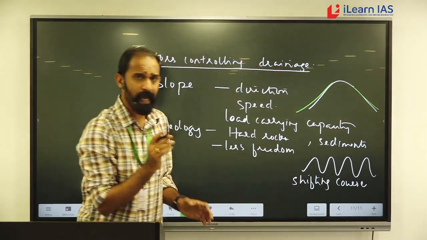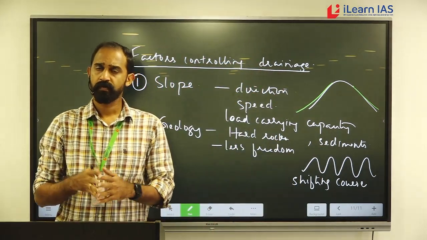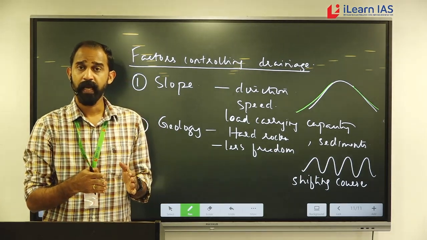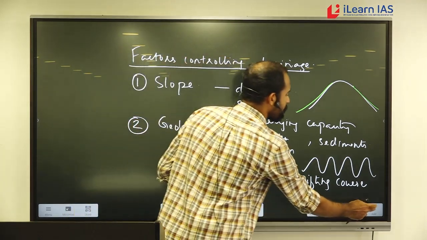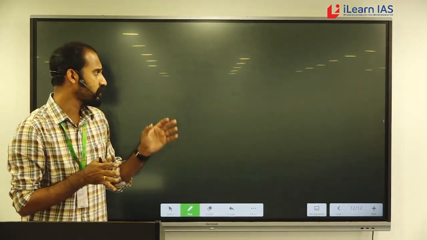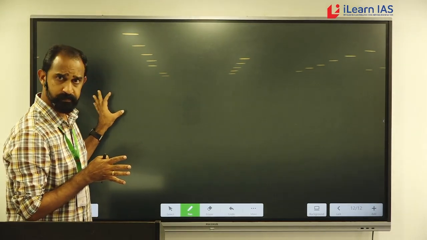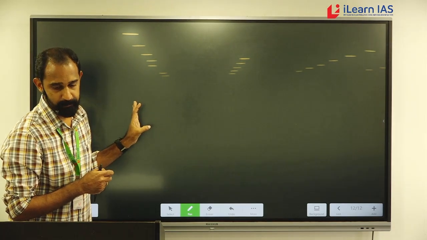So it does not have to stick to a particular pathway. River shifting is possible in an area of sediments. So this is regarding the geology. Now these two are the most important factors: one is the slope and the second one is the geology.